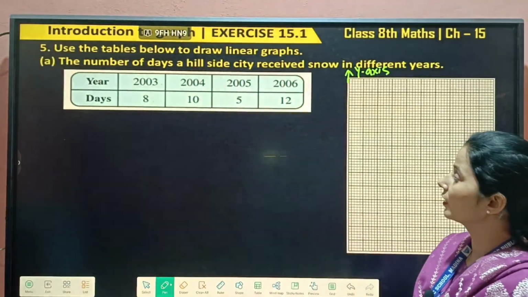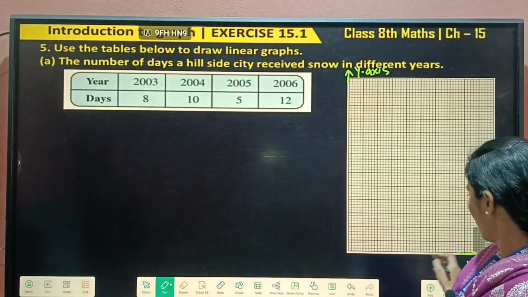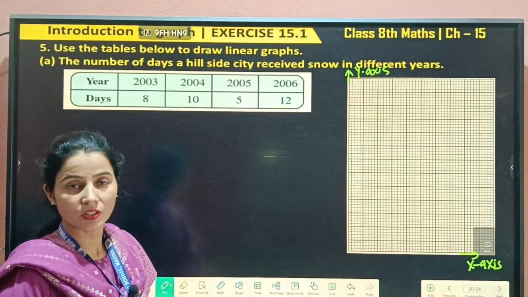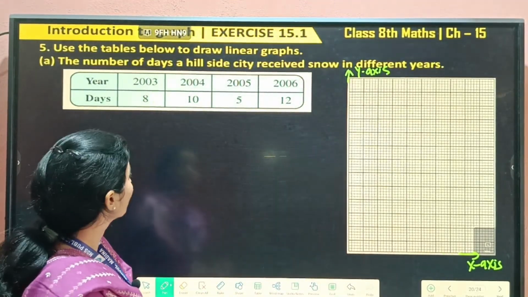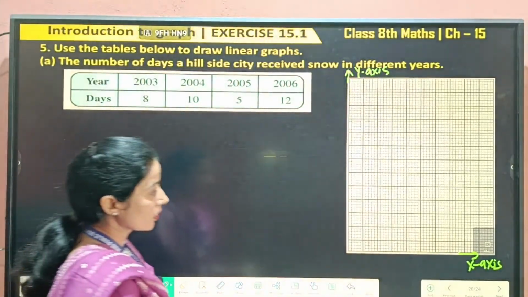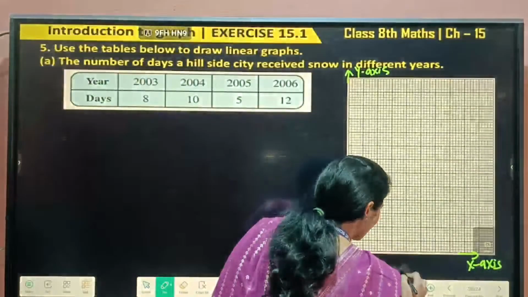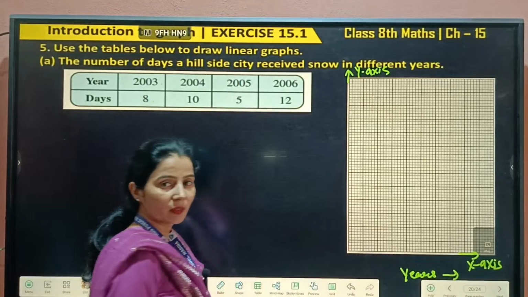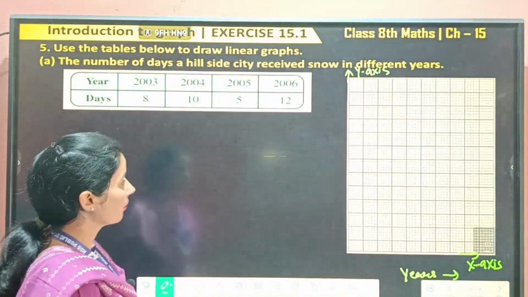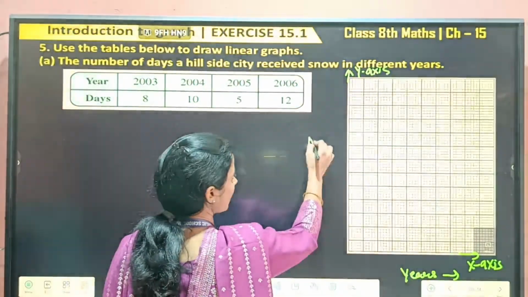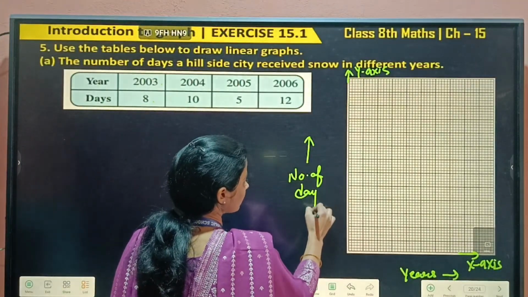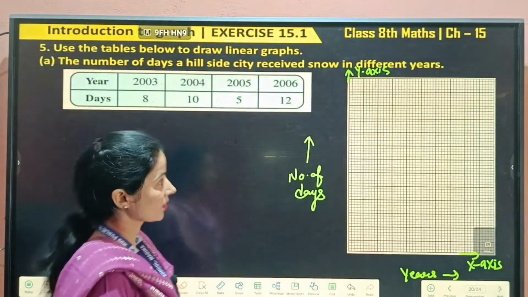So the independent variable I will take on the x-axis and the dependent variable I will consider on the y-axis. So years I will consider on the x-axis, these are the independent variable. And the number of days will be on the y-axis.